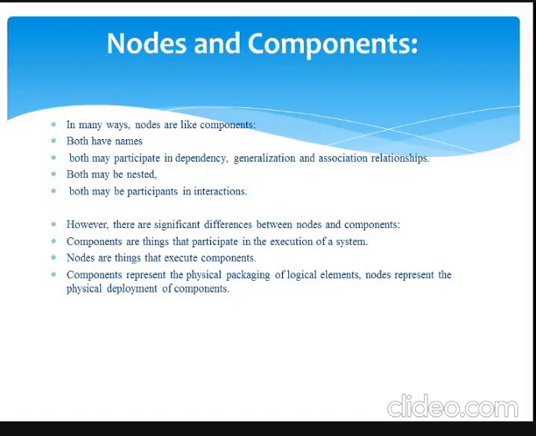Components are nothing but source files that execute the system. Nodes contain these source files and execute them. Components represent the physical packaging of logical elements, whereas nodes are the physical deployment of components.